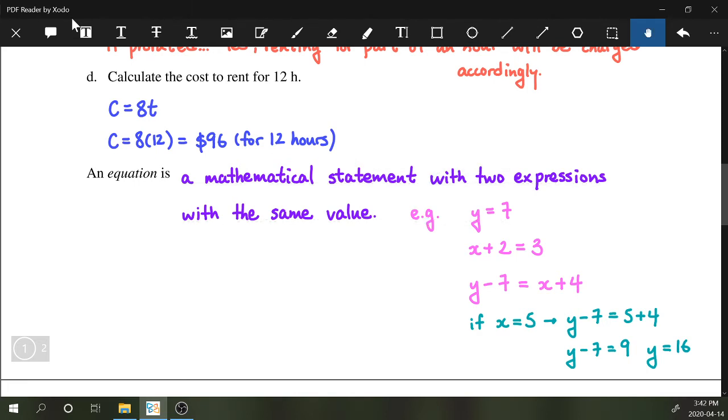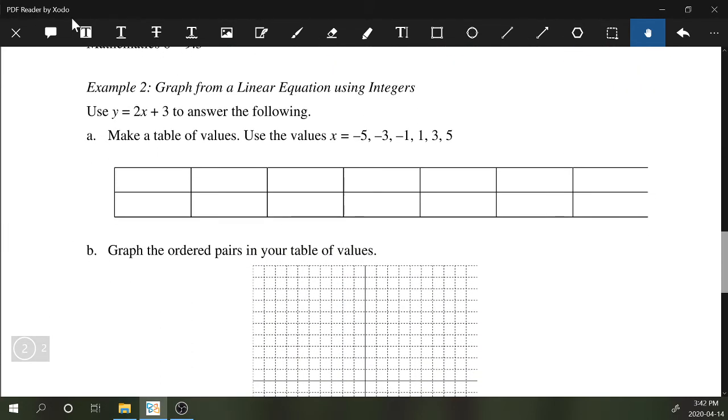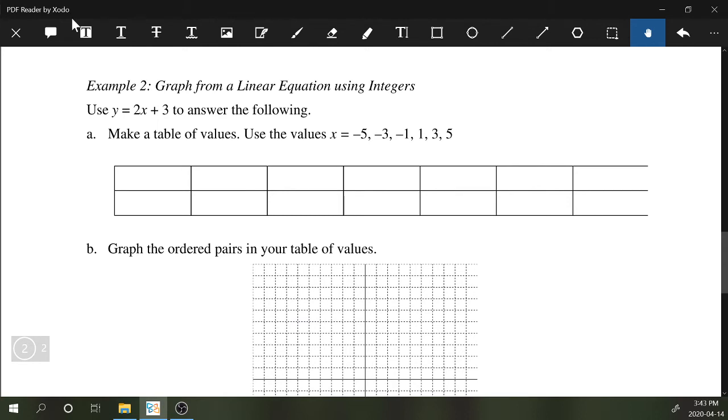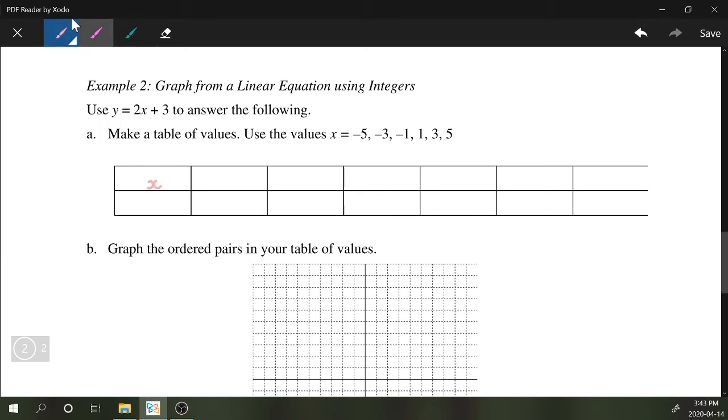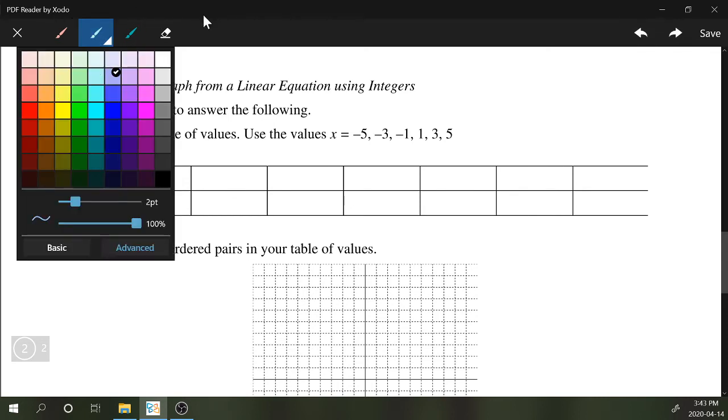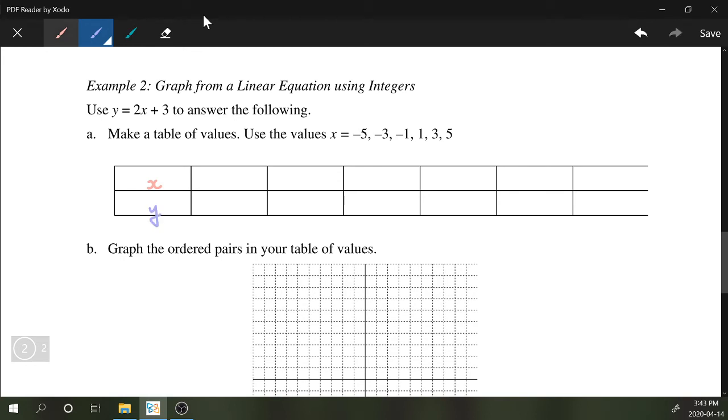Okay, so let's look at another example. We're going to use the equation y equals 2x plus 3. First, we're going to make a table of values with x and y.